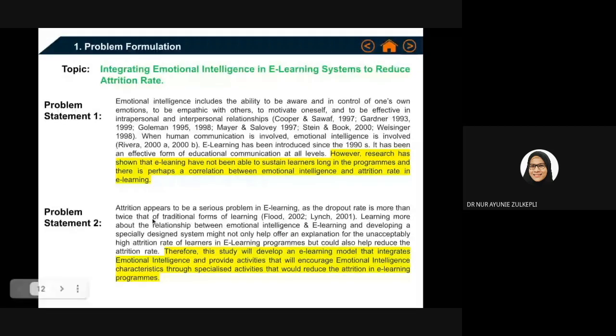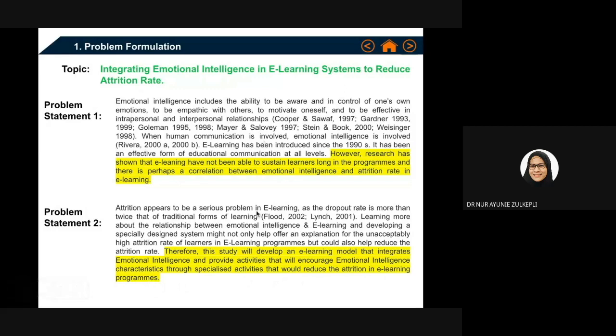So problem statement 2 discusses the attrition and e-learning problem, and then the author comes with the problem statement. Therefore, this study will develop an e-learning model that integrates emotional intelligence and provide activities that will encourage emotional intelligence characteristics through specialized activity that would reduce the attrition in e-learning programs.